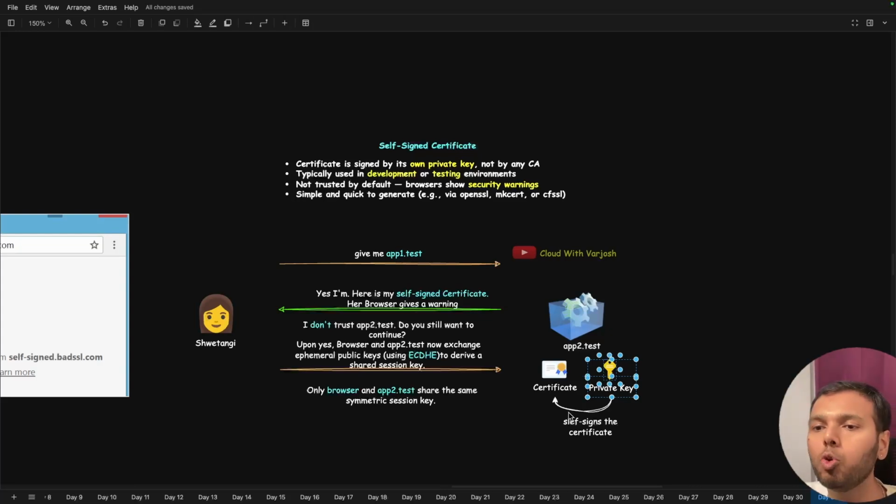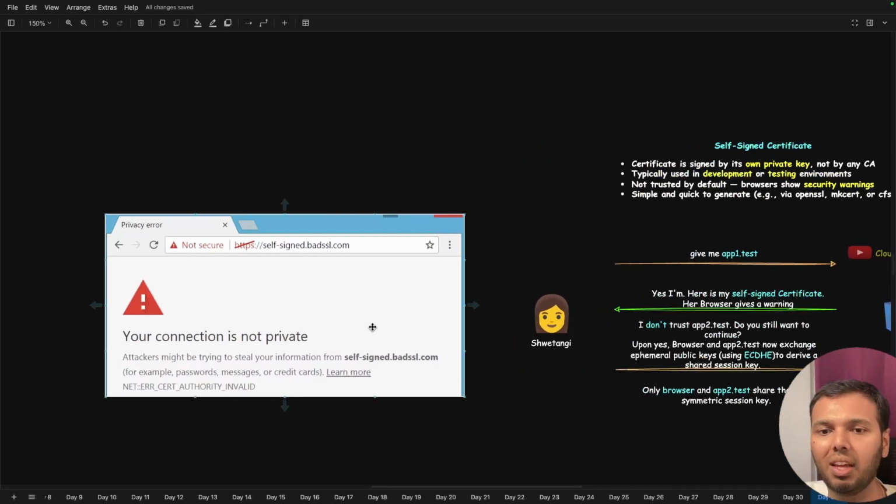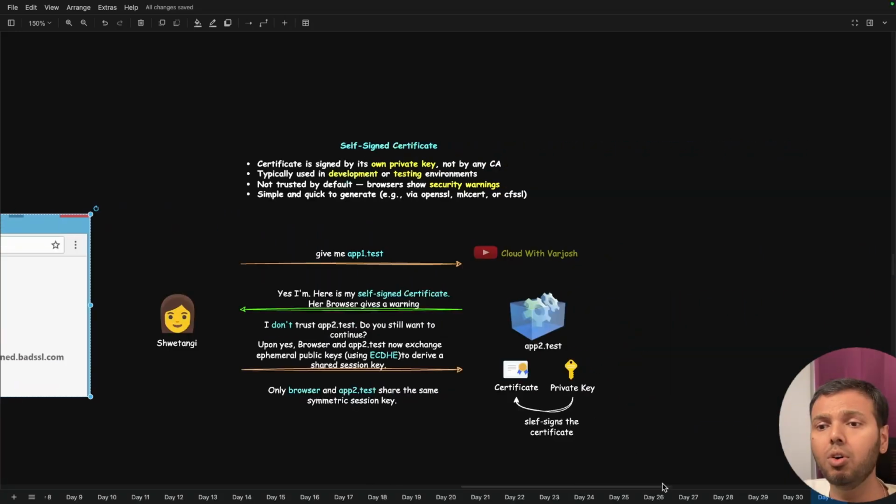But I want you to understand one thing: these are only used for development or testing. You will never ever see these in production implementations. Whenever a self-signed certificate is presented, you would see something like this on your screen, saying attackers might be trying to steal your information because this connection is not private. So you must only use them for development and testing purposes.